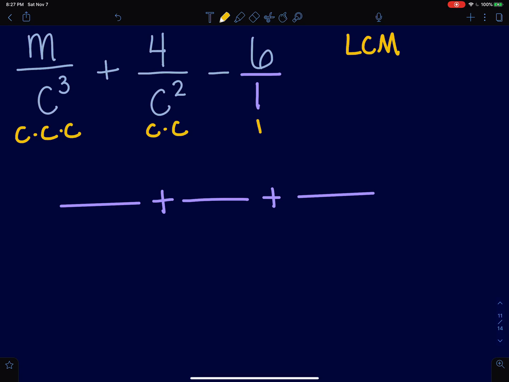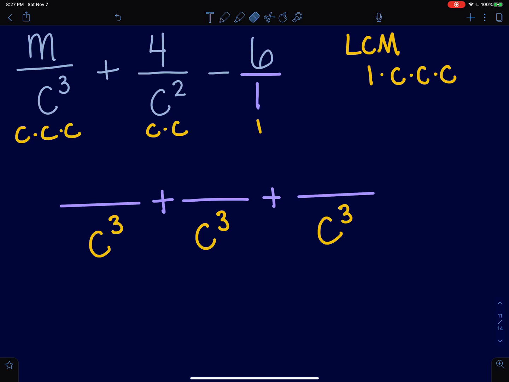So basically, we need to use every factor, which is only a 1, which doesn't matter, so we can just leave that off. But we do have the C. Now, how many times? We use it the greatest number of times, so it's actually going to be CCC. So on the bottom is going to be C cubed, and that is going to be the common denominator, right?